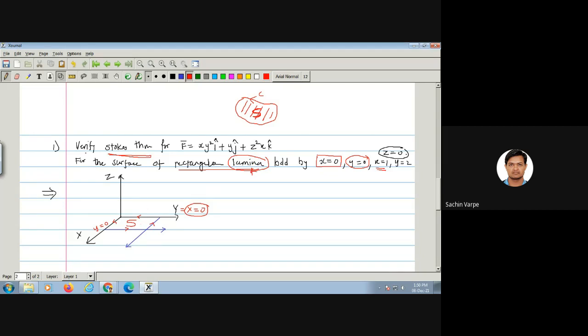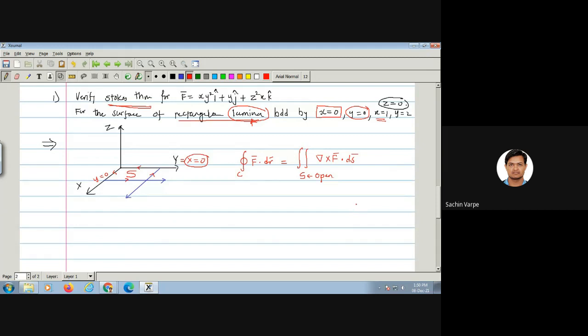So we have to verify the Stokes theorem for this particular surface. What the Stokes theorem says: the line integral over the closed curve C of f bar dot dr bar is nothing but the surface integral of curl of f bar dot ds bar over the surface S, where this S is an open surface.